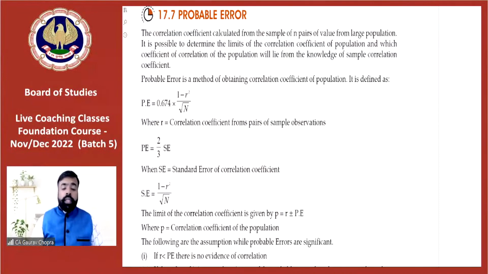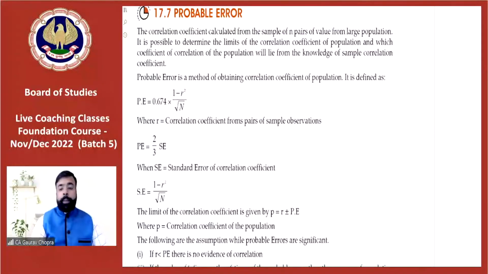Now the probable error. What is the meaning of this? We know that for calculation of correlation we need data. But the problem is we have a lot of data, thousands and lakhs of figures.